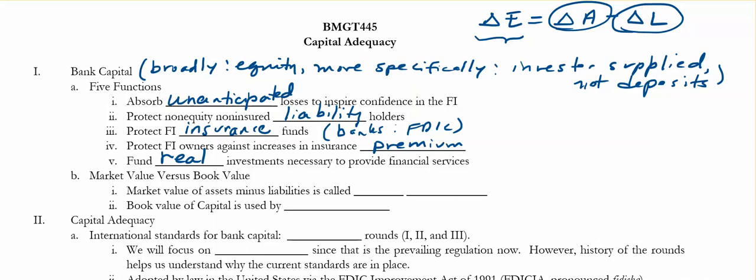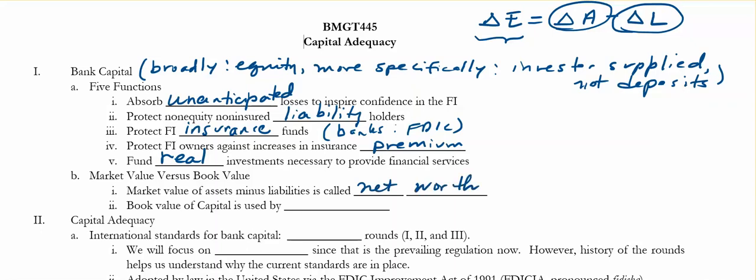Now, the book spends a lot of time differentiating market value from book value, and bank capital is best measured with market value. Market value is the market value of the assets minus the liabilities, and that is also called the net worth of the bank.